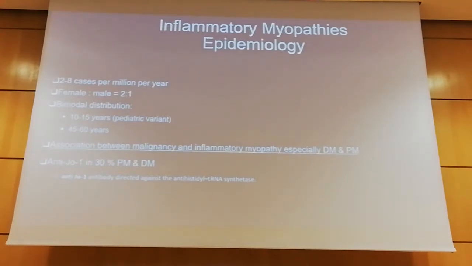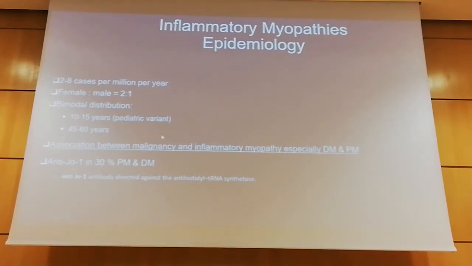In terms of the epidemiology, it's more likely to be a female than male. Now, it has a bimodal distribution. You will see that happening again in other myopathies. So in this one, the first peak will be in the 10 to 15 years, and the second one will be in the 45 to 60 years. Again, remember the association with malignancy.